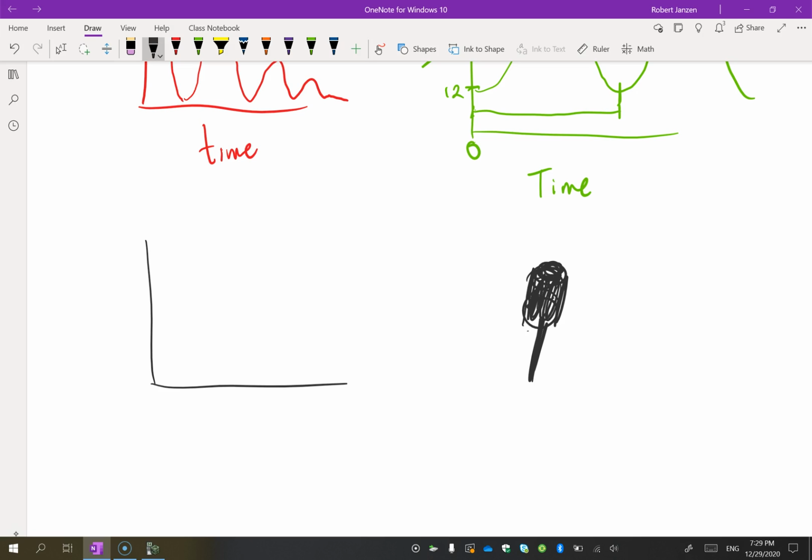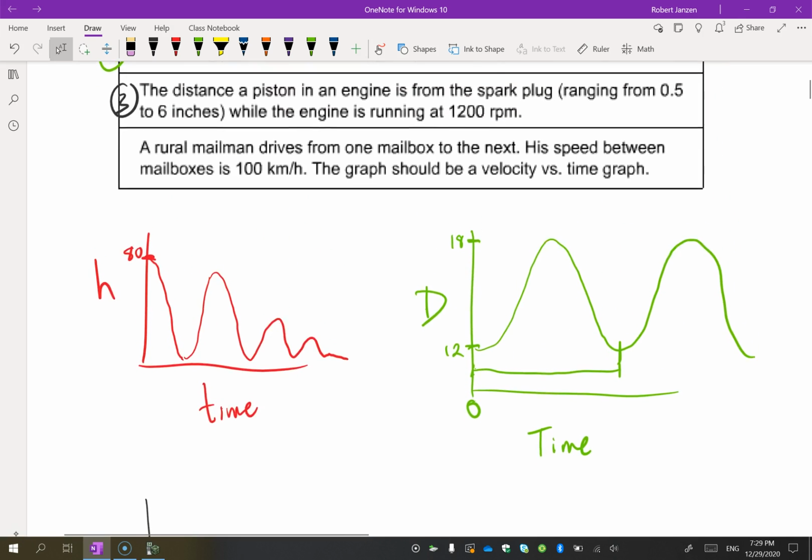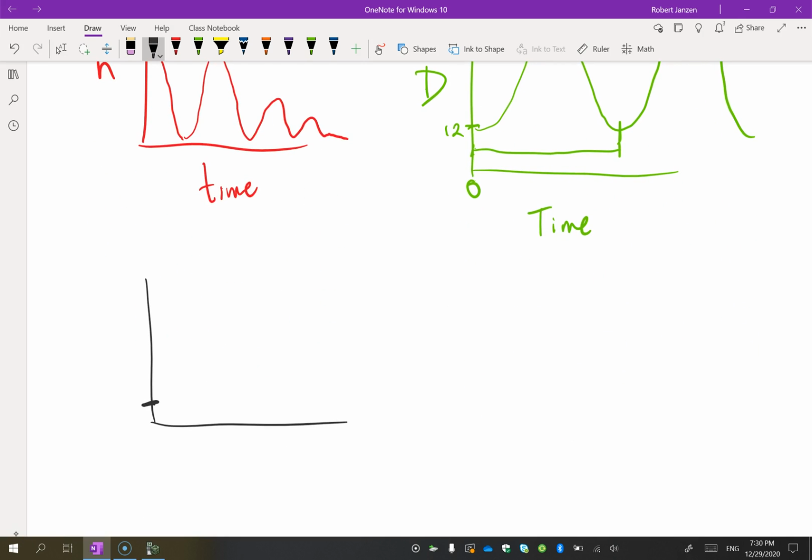You have the spark plug up here that sends a little spark, and it causes an explosion which pushes the piston down. And a piston in an engine will keep going up and down, up and down. Okay, and it says in this case that it's going to go from 0.5 to 6 centimeters. So this is the height, and this is over time.